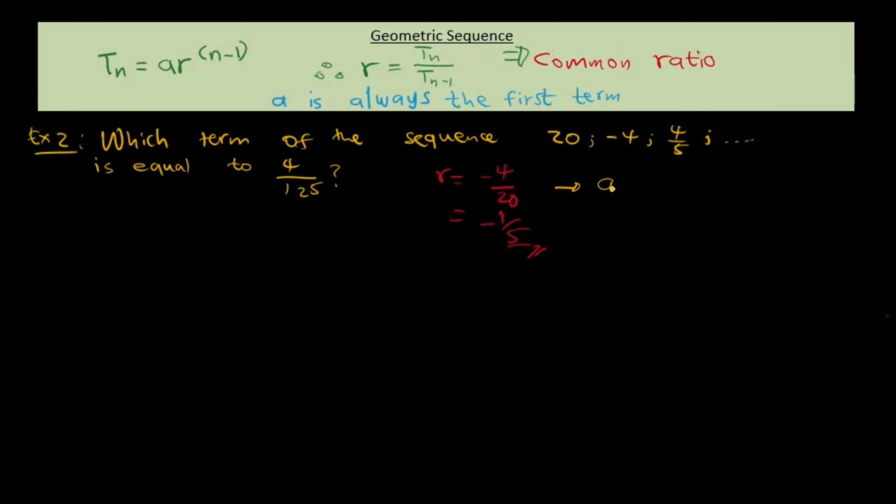The first term of this sequence is 20, therefore a equals 20. Therefore Tn, our general nth term, is equal to 20 times (minus 1 over 5) raised to (n minus 1). So this is our general nth term.